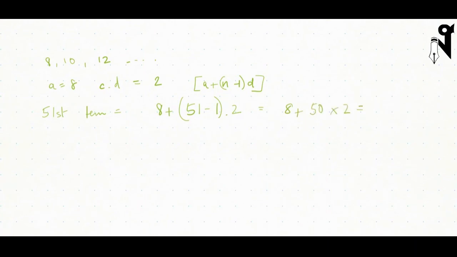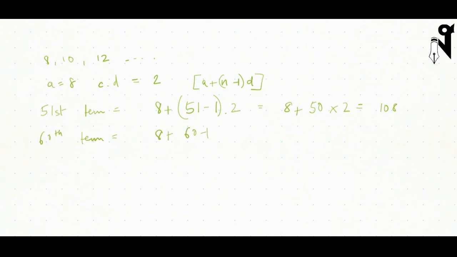So the 51st term is 108, and the 60th term will be 8 plus 60 minus 1 times common difference 2, that is equal to 8 plus 59 into 2. 59 into 2 is 118, so that is 8 plus 118. This gives you 126. Okay, so I've reconstructed an AP where this is now the new first term.